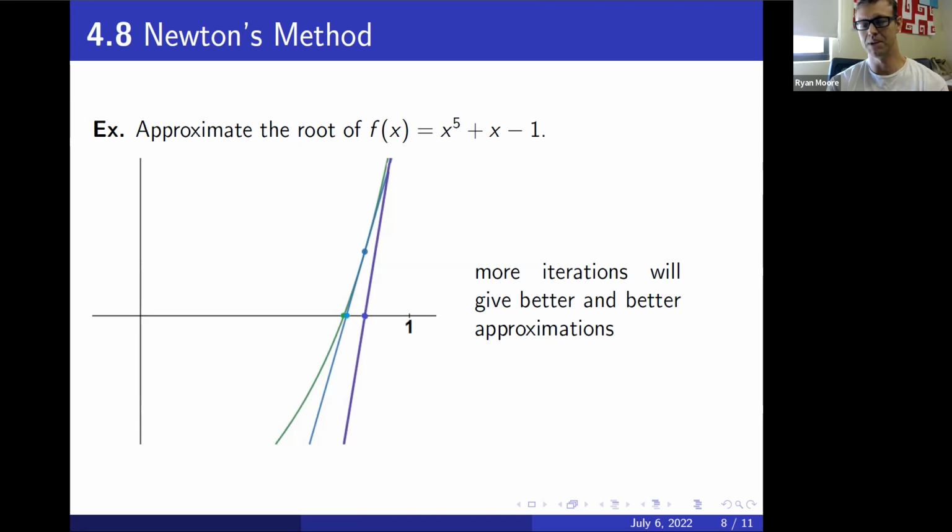We need this to be a really quick formula that we can apply over and over again to get these more and more accurate results. So what we're going to do at this point is reflect on our example and think, okay, if we were to come up with a formula, how would we do that? What would that look like?